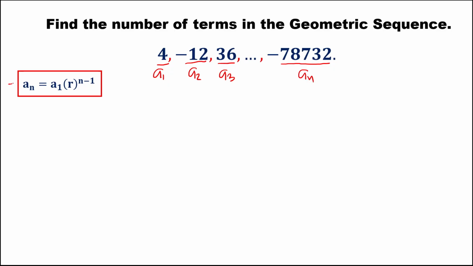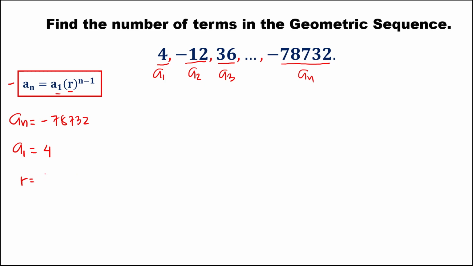So from this formula, a sub n equals negative 78,732. Then for a sub 1, that's positive 4. Then r is the common ratio.